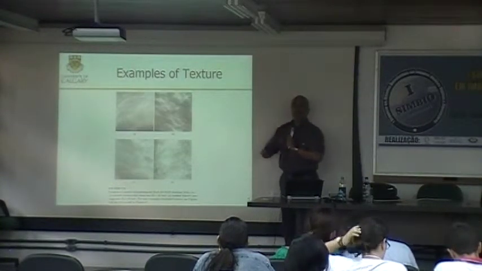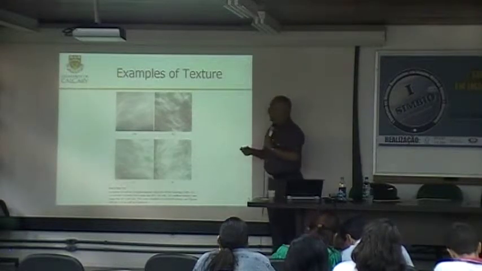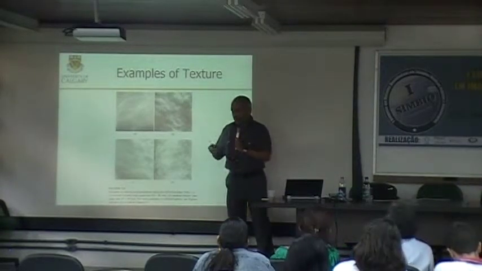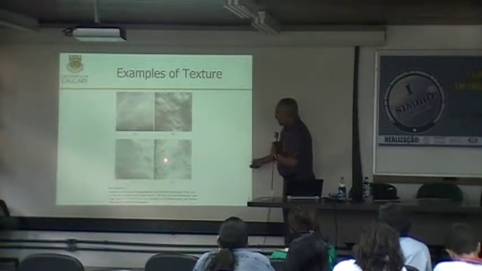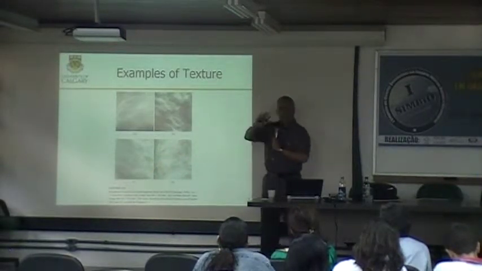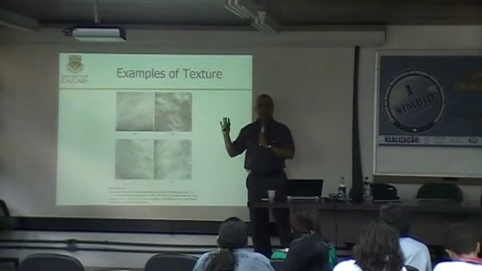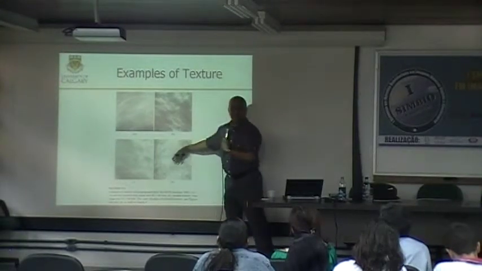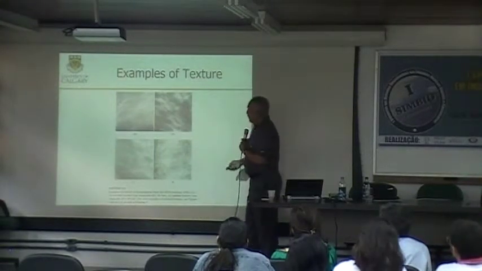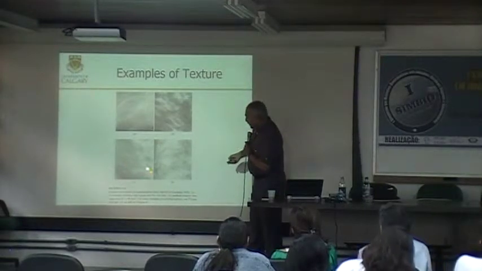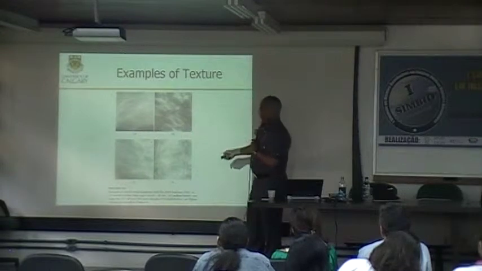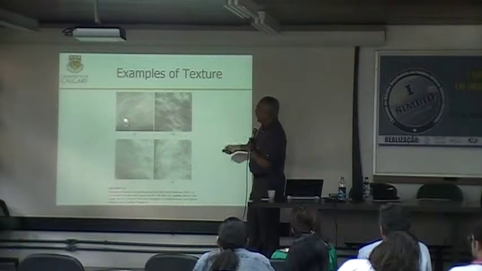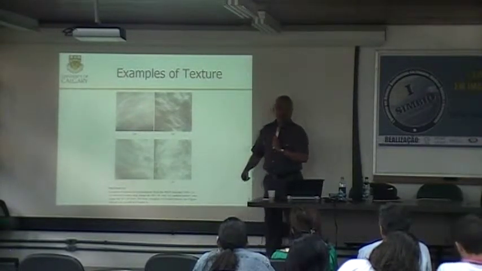If you look at only mammograms, because we have worked with mammograms quite a bit, here are some examples. This part of a mammogram, very cloudy, you don't see any structure. So this is like random texture. Here you see some oriented patterns and some random texture. Here you see some oriented fibroglandular tissue.